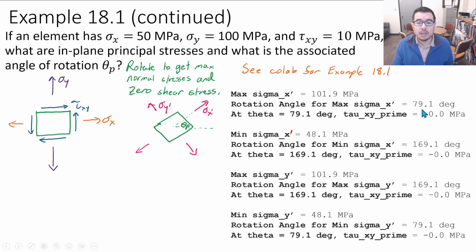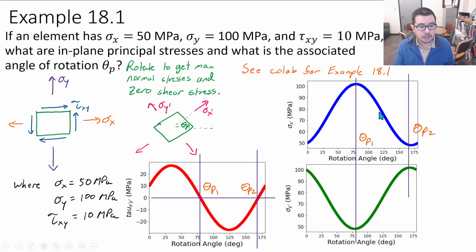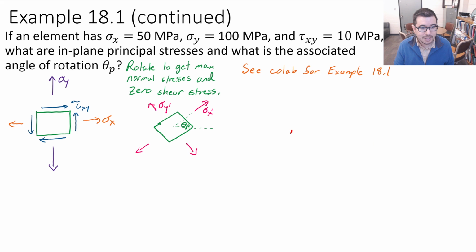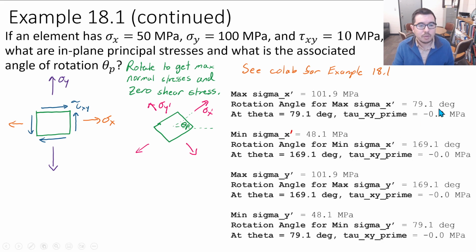So remember we were saying a second ago that the maximum sigma x prime, if we go back, was happening around maybe 79 degrees, right here. And that's also where the tau x prime y prime, the shear stress, was equal to 0. Okay, so that's what we calculated pretty exactly numerically.